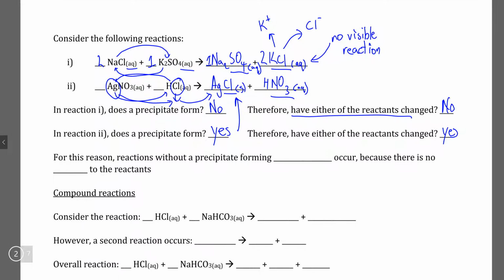For this reason, for reactions that occur without forming a precipitate, we can effectively say that they do not occur because there is no visible reaction to show that the ions have changed. And therefore, because there is no change to the reactants, we cannot observe that any reaction has taken place.